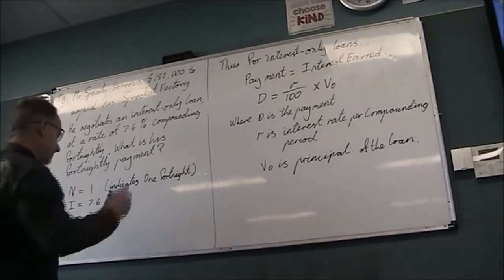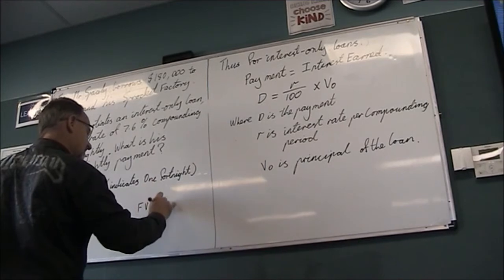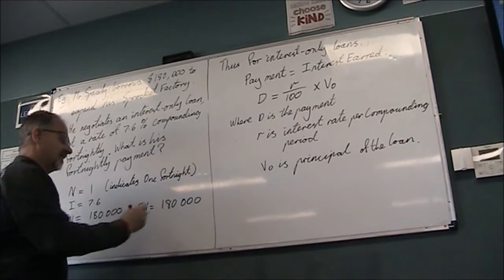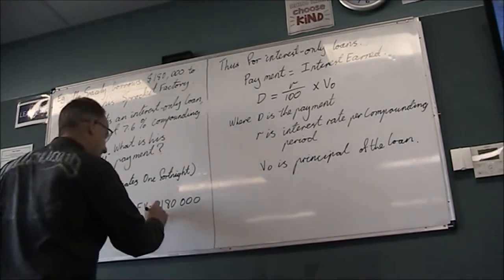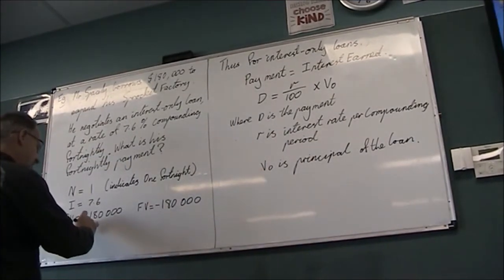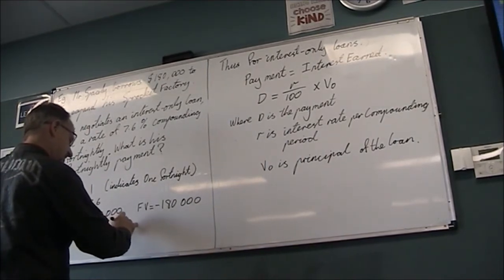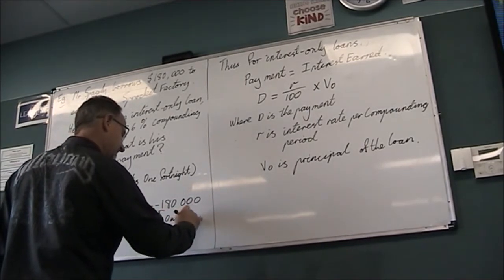The future value, this is the interesting bit. What's the future value going to be? 180,000. Positive or negative? Negative, because he's still got to give the bank back 180,000. So positive, because he got the money, and negative here because you owe the money.